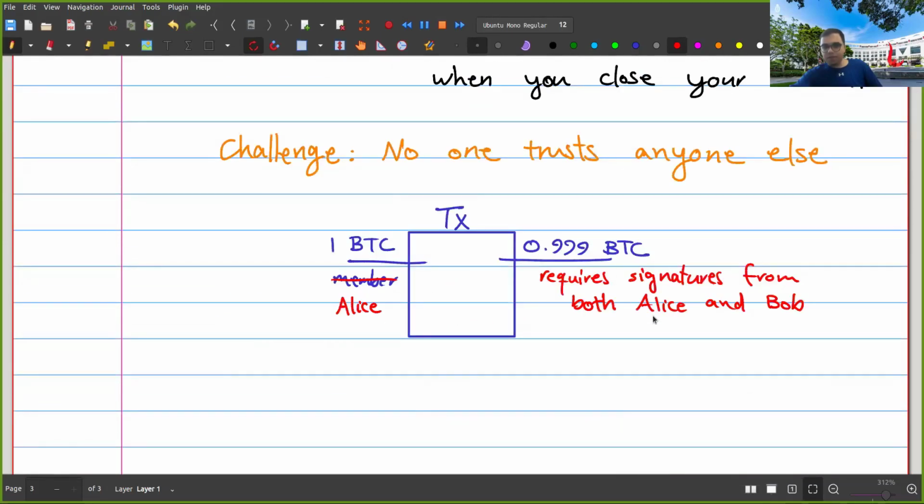As long as Bob doesn't sign, the money is going to get stuck and you cannot spend it. Okay, so Bob can kind of extort Alice. Bob can tell Alice, hey, here's the thing. I'm going to sign only if you pay half of this money to me. So only if you create a transaction where it pays half of the money to me, I would sign it, right? So that's not great.